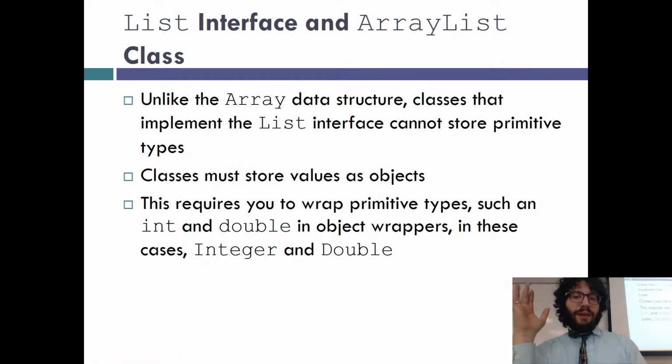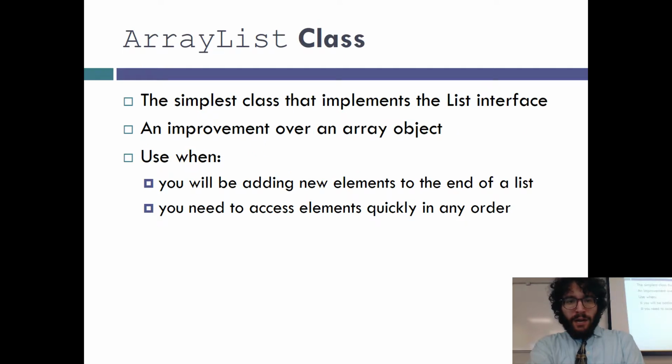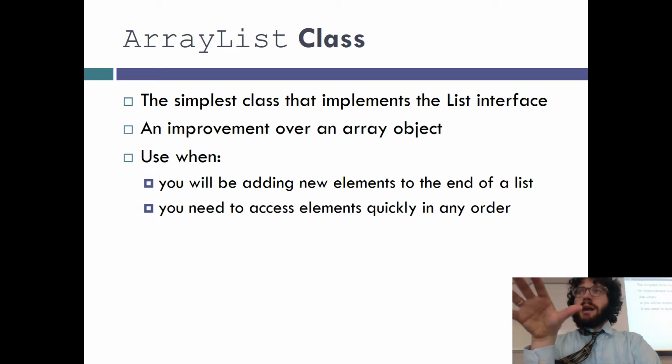Unlike arrays, because a list uses generics, you can't store primitive ints in it. You store Integers and capital D Doubles. So we're going to learn about the ArrayList to start out with. Now, the ArrayList for this week's homework on Thursday and Friday will basically be a lot like the homework you had to do with arrays, or the types of questions you got on exams when you were learning arrays, like give me the average of the entire array.